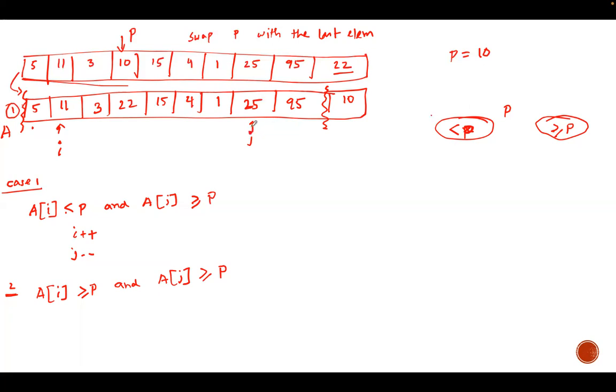Now, j is pointing at a number which is greater than pivot. That means it is at the correct place. So we are not going to move i. We're going to keep i waiting at this point, and we are going to only move j. So j will be j minus minus. So we're not going to move i, we're going to only move j here.